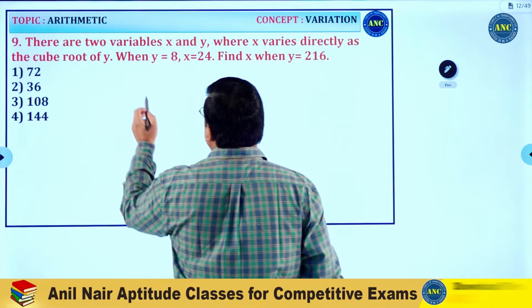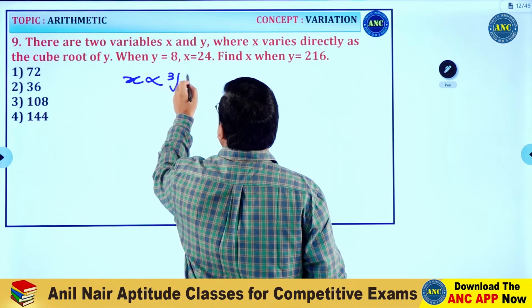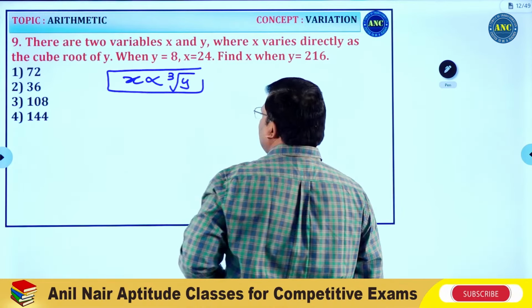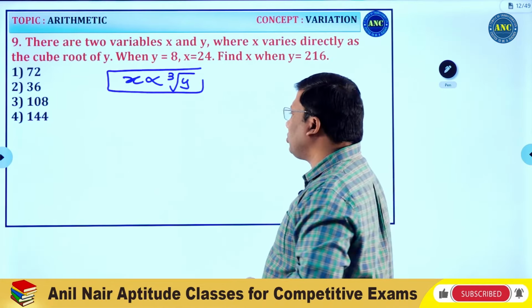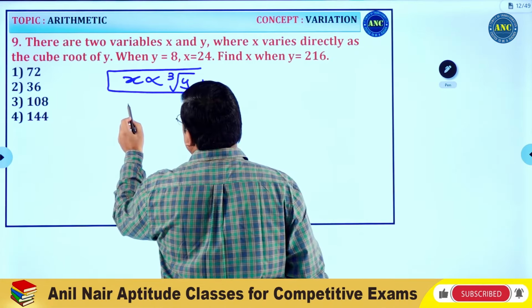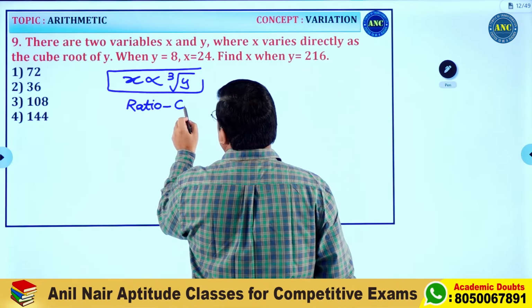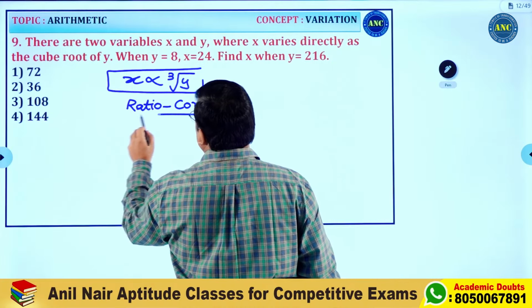X varies directly as the cube root of y. X and y are directly proportional to each other. The relationship is x is directly proportional to cube root of y. That means ratio is constant. Ratio of x and cube root of y is constant.